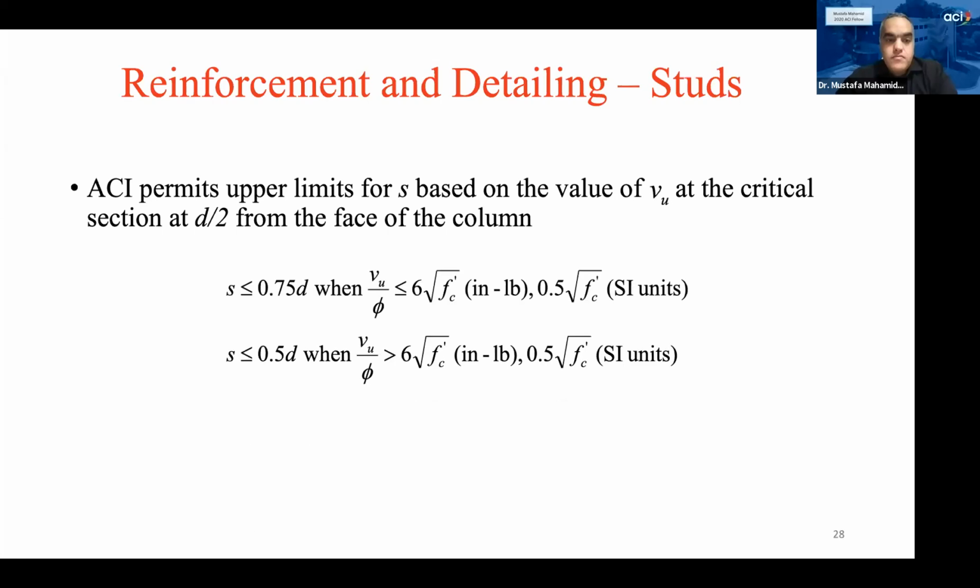So s should be less than or equal to 0.75d, three quarters of the depth, if the applied stress divided by phi is less than or equal to 6 times square root f prime c, and should be limited to half the effective depth if the stress divided by phi is greater than 6 times square root f prime c. So here you have to check your load and see whether you exceed that limit of 6 times square root f prime c.